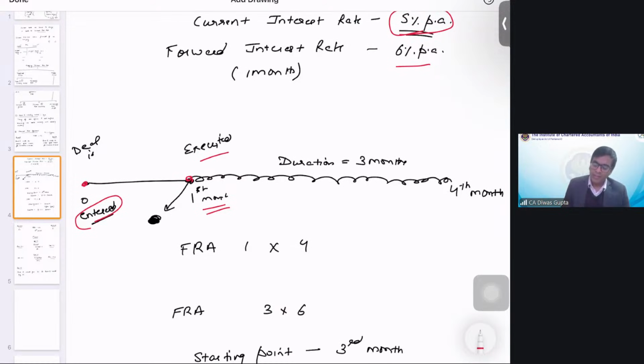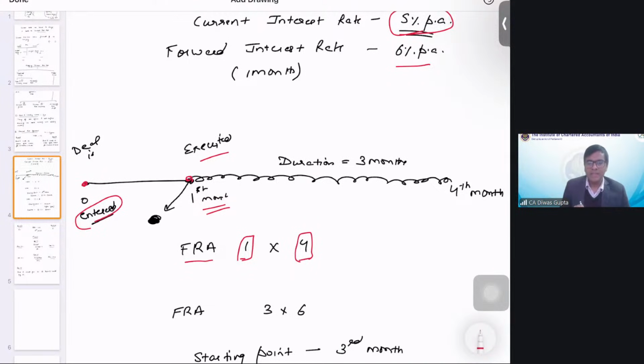Let me also tell you one more thing, students. There is a specific way we denote FRA. So FRA 1 by 4 will mean what? FRA 1 by 4 will mean that the forward rate agreement will start after 1 month and end after the fourth month. Correct?